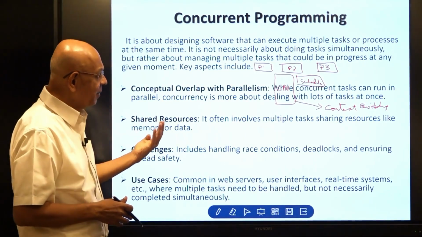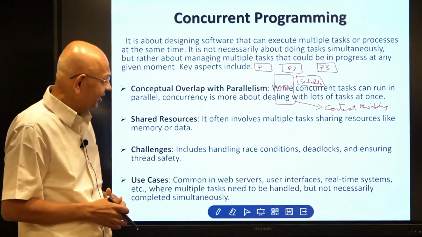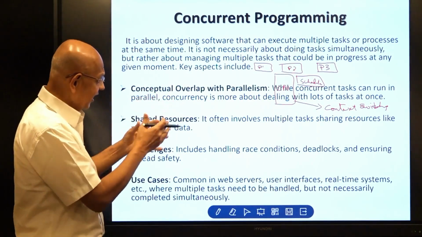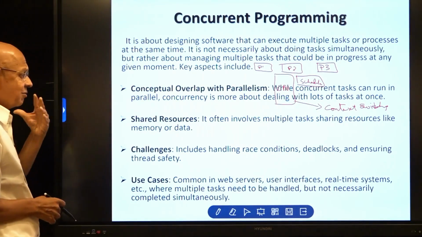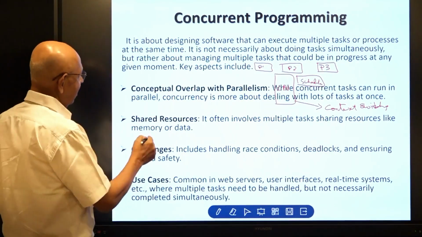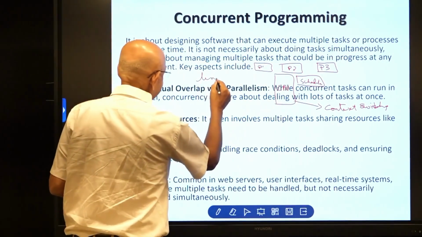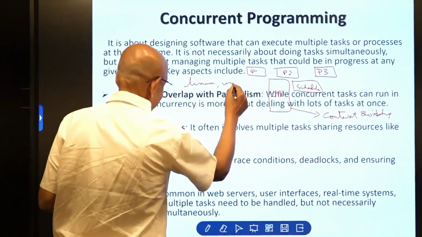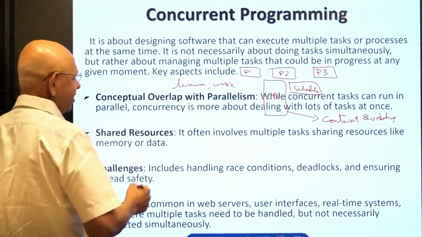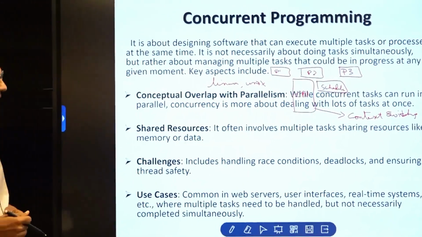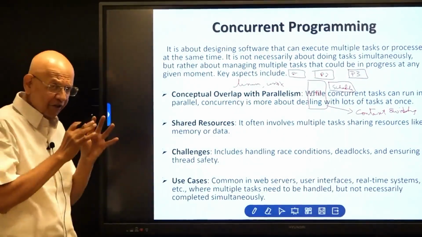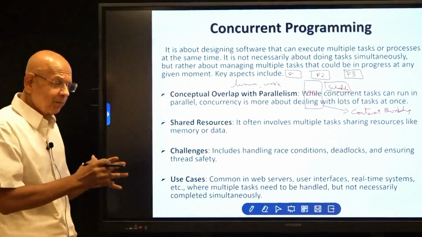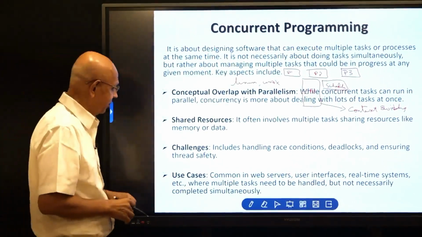So a lot of web interfaces would work with this kind of architecture, and obviously this was the architecture used in operating systems like Linux, Unix and all of that, and this is a very contemporary and popular architecture. So that is essentially the difference between parallel computing and concurrent programming.